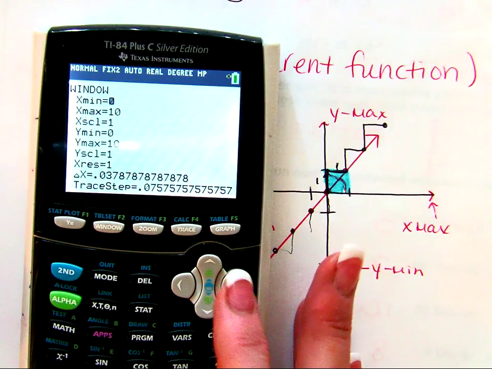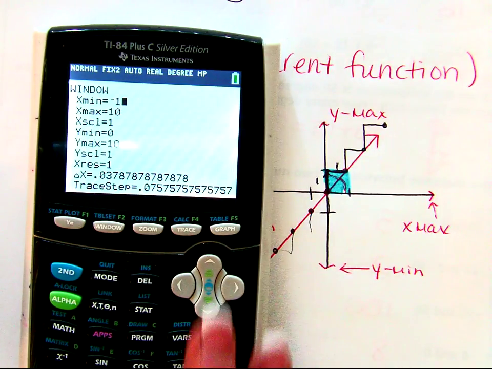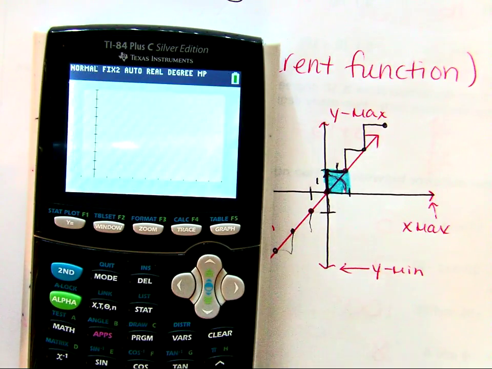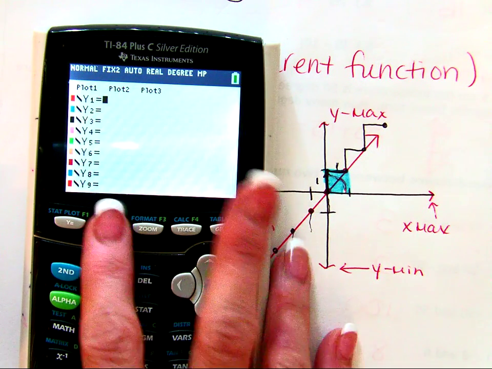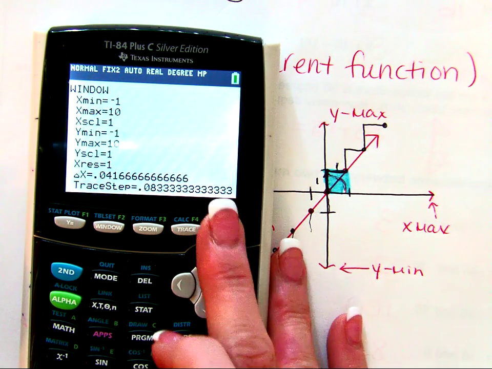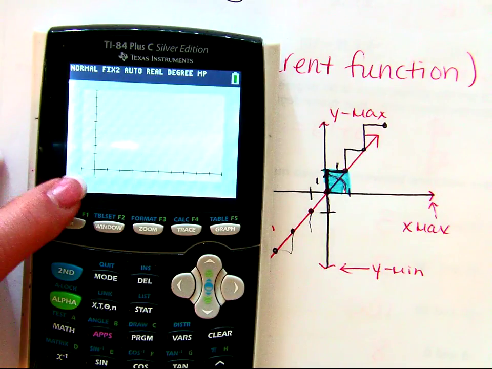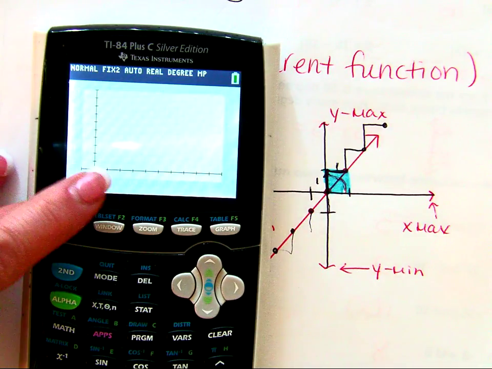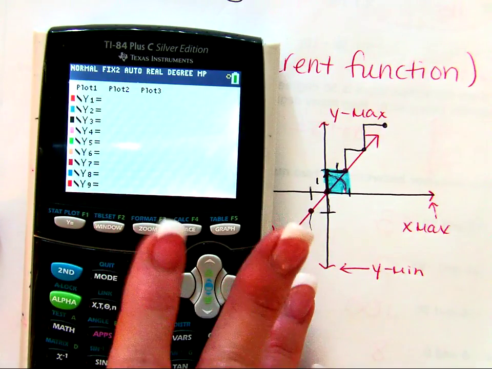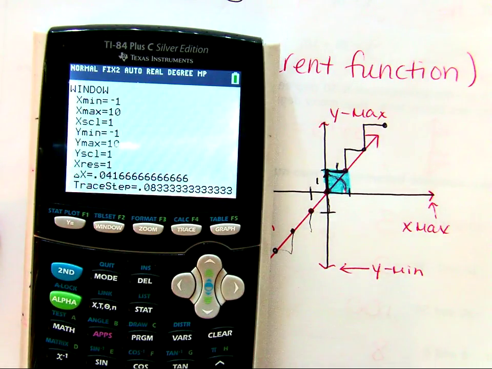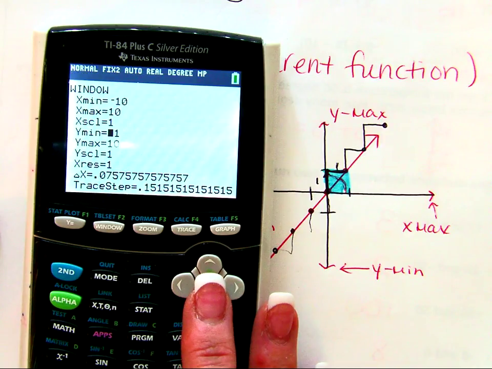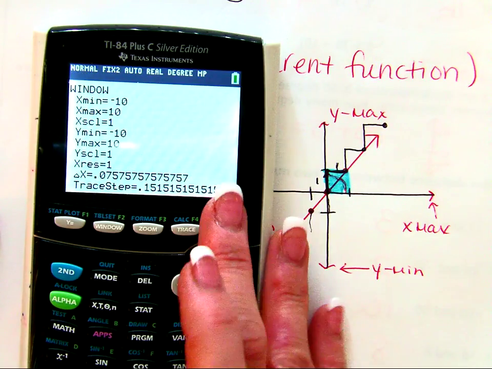Sometimes I like to be able to see a little bit of each of those axes, so I'll maybe put a negative, oops, not 0.1, a negative 1. Yeah, that would make it really small. And so you can kind of see quadrants 2, 3, and 4 hiding there, right? But if I want my regular window, then I just want to do negative 10 all around. So if you ever can't see your full graph, you know where to fix it, right?